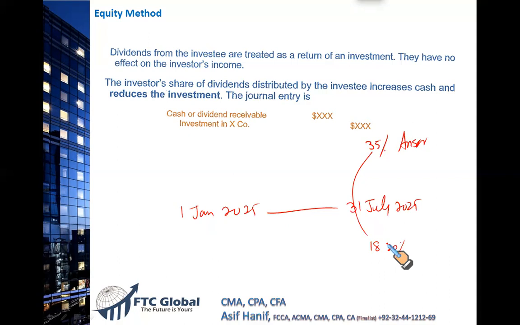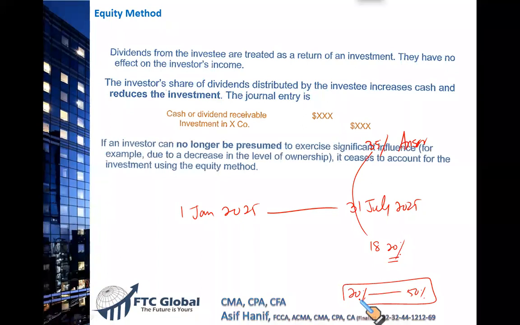So what happens when the investment falls below 20%? In that case, you stop using the equity method, because the equity method is applicable when the investment is between 20% to 50%, because at this percentage, it is presumed that you will exercise significant influence.